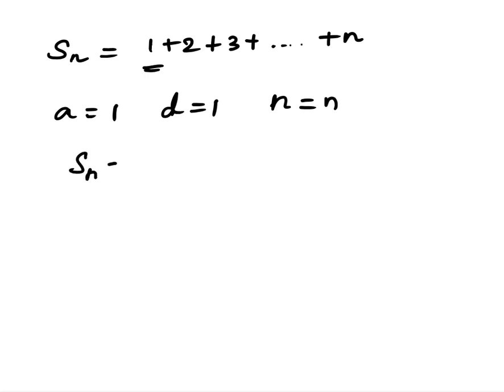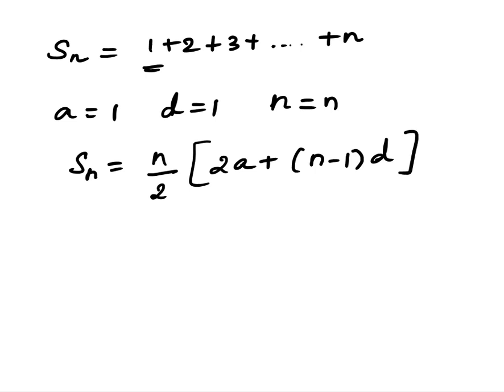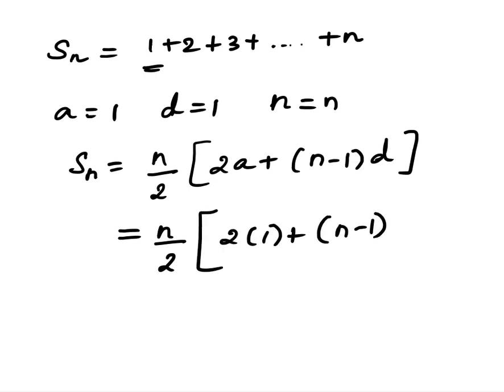So we know that Sn is equal to n by 2 into 2a plus n minus 1 into d. Substituting the values, we get n by 2 into 2 into 1 plus n minus 1 into 1.